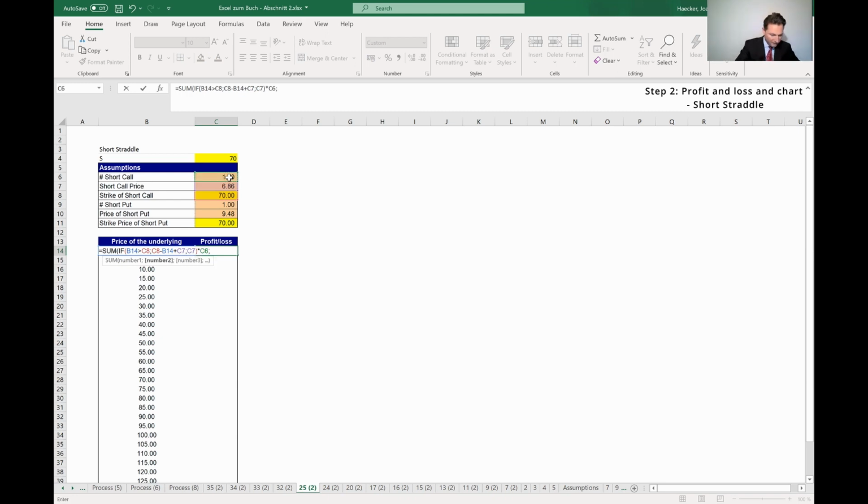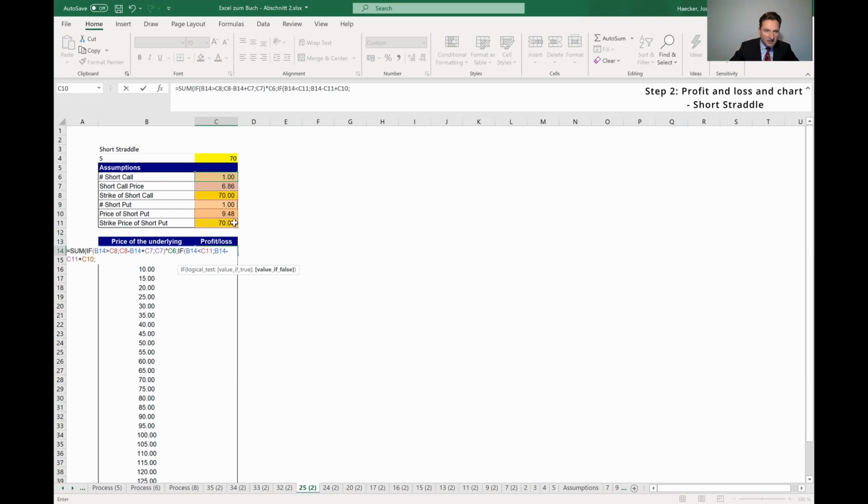And then we have another if function. If the share price is smaller than the strike price of the short put, then it is the share price in 1 year minus the strike price plus our price of the short put, because we're selling it, we're receiving the premium.